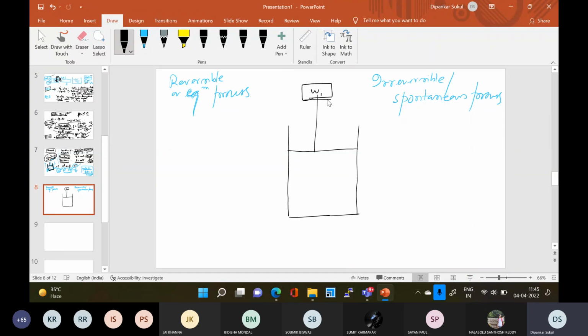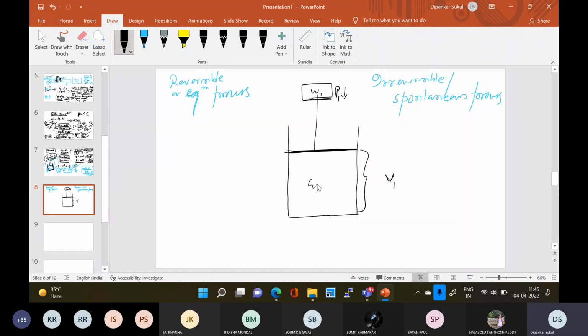This opposing weight is giving you a pressure, opposing pressure. And under this opposing pressure, the position of your piston is residing at this particular point. And the volume inside is V1.